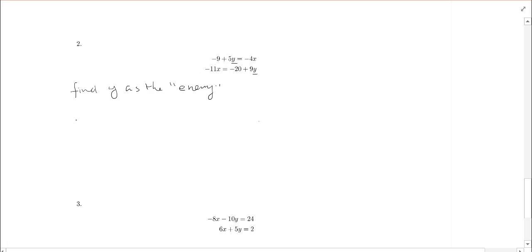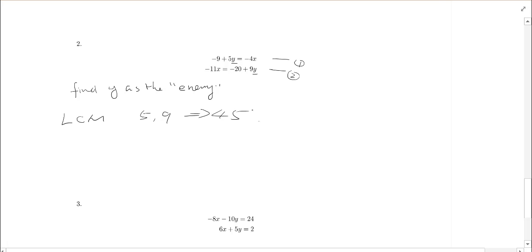Now the operations. In order to cancel 5y and 9y, this is the first equation and this is the second equation, right? I'm going to use the LCM. The LCM of 5 and 9 is 45, right?